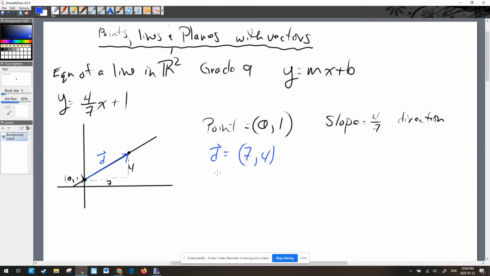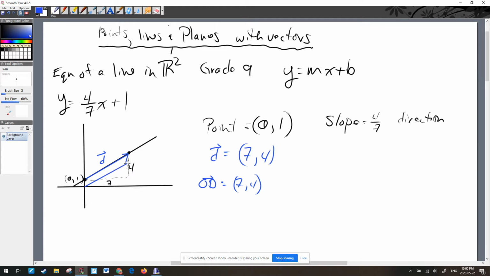Now, the direction vector 7, 4, if I just list it as an ordered pair, that's not where that vector would be. If we made this the vector OD and said it's 7, 4, it would be collinear, the same length, and just sitting down here.